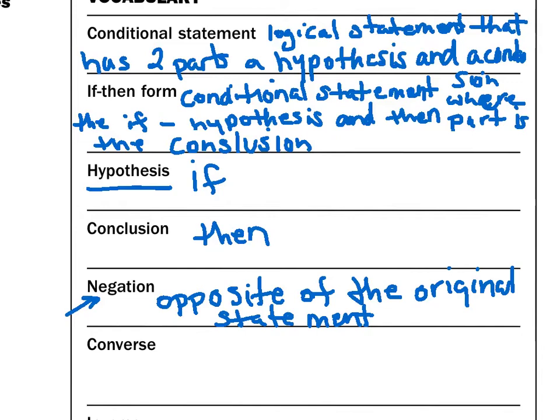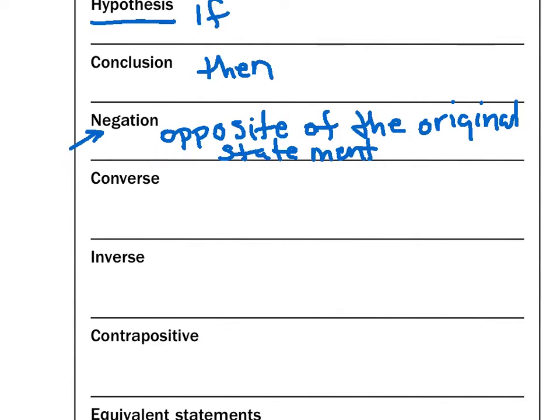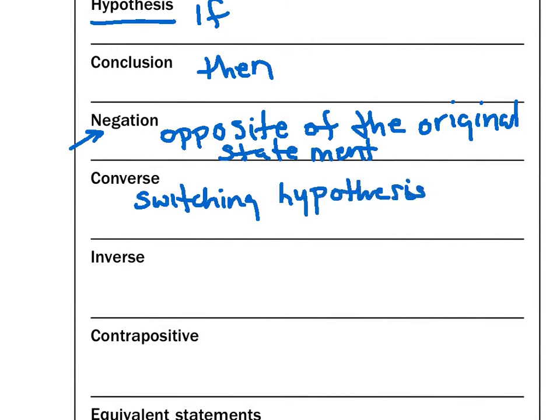So converse. Converse is a conditional statement that's formed by switching the hypothesis and the conclusion. So if we say, on Tuesdays, we need conditional statements.